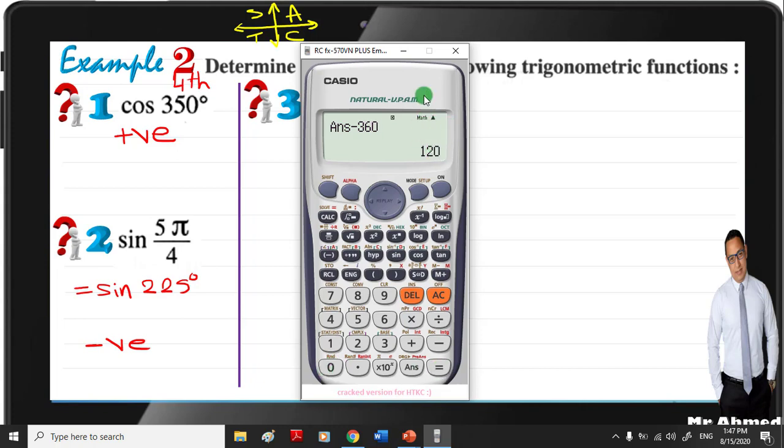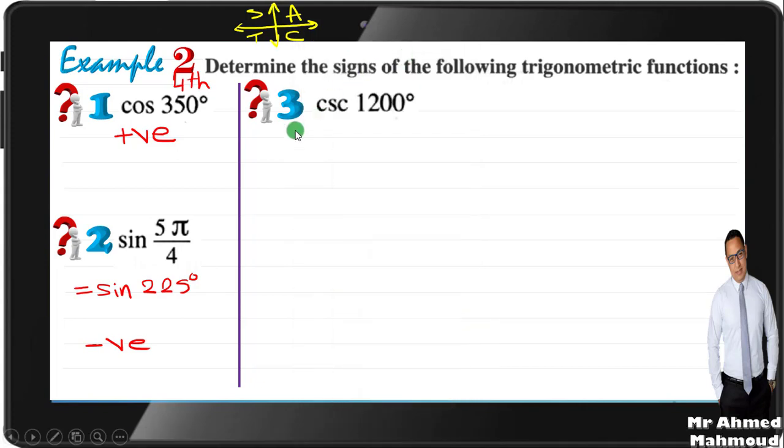So it will be 120. This equals cosec 120 degrees. This is in the second quadrant. Cosec is 1 over sine. So in the second quadrant, sine is positive, so cosec also is positive.